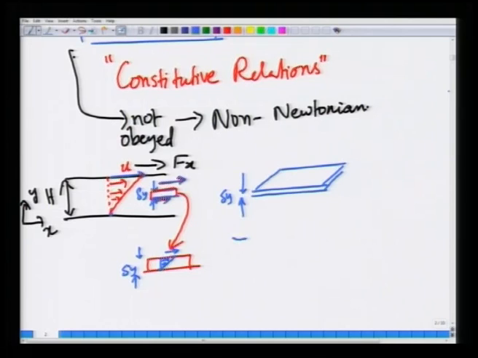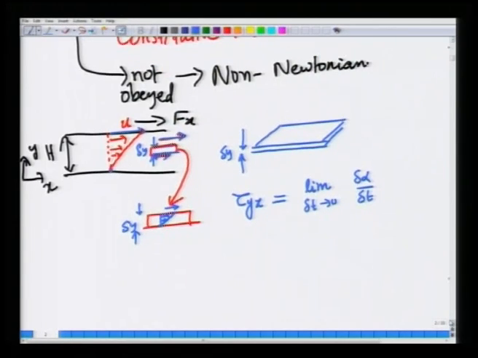So, this expression can be generalized, okay, in the limit delta t going to 0, delta alpha by delta t. This was the fundamental definition, and delta alpha by delta t is nothing but the limit delta t tending to 0 of delta u by delta y, where delta u is the difference in velocity between these 2 points. Okay.